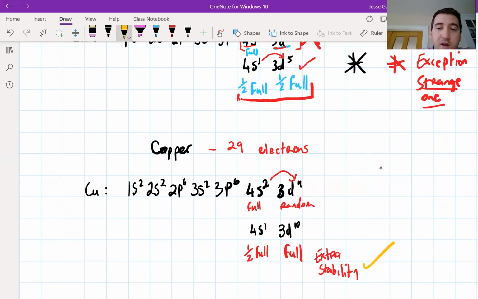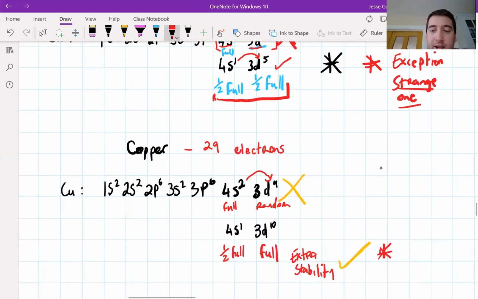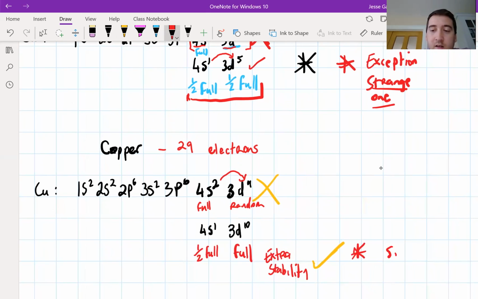So this is the correct configuration. This is incorrect. Hopefully you managed to get that right. Again, I would write out that configuration, make sure you know that it's this one, and then I would say special case, and make sure that you know those two.